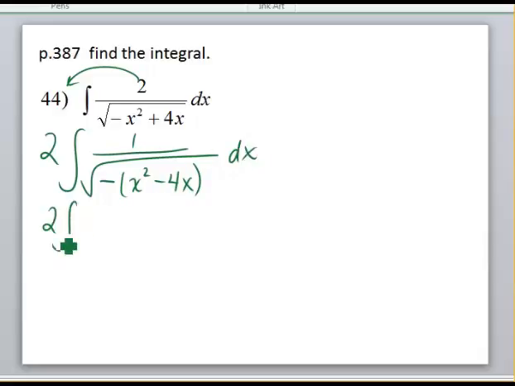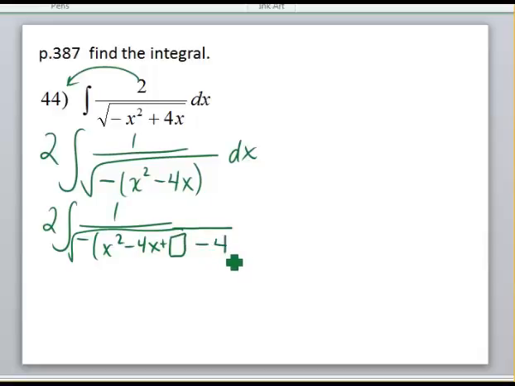So now I really have 1 over negative. This would be x squared minus 4x plus a box. And now I'm going to, underneath that square root, subtract the box.